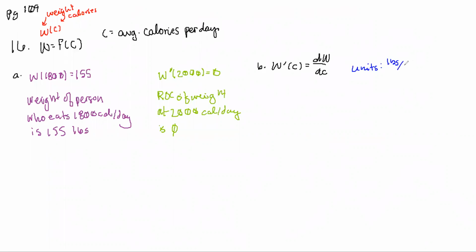Or, so the change is pounds per calorie per day. So we're going to keep this as one set, because our C is already in calories per day consumed.